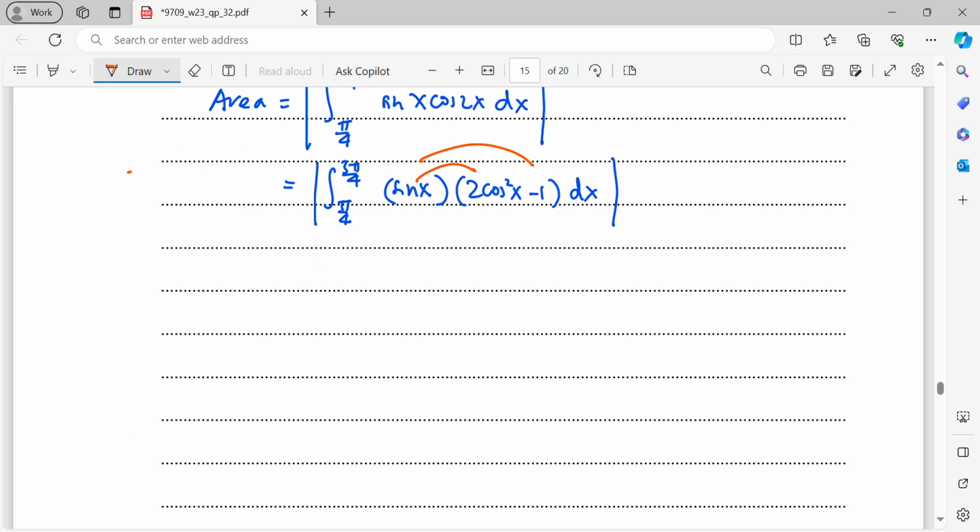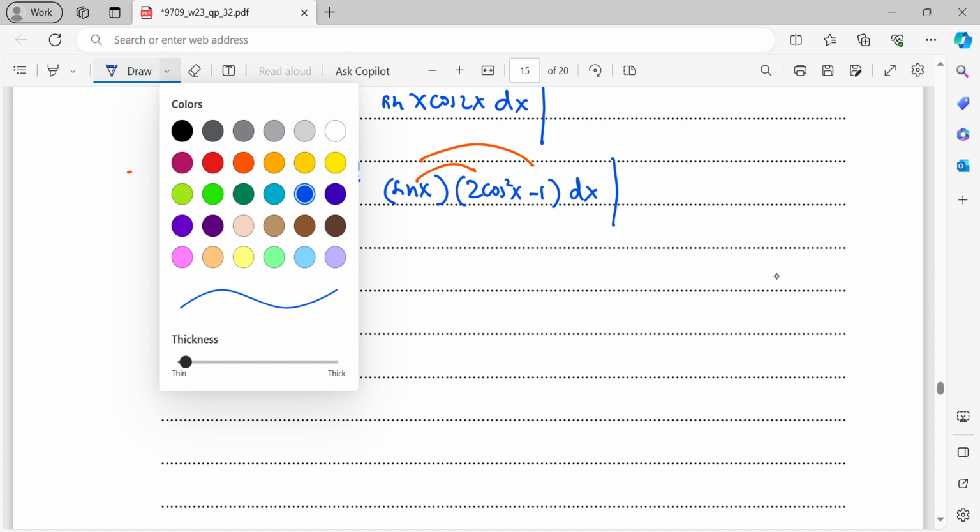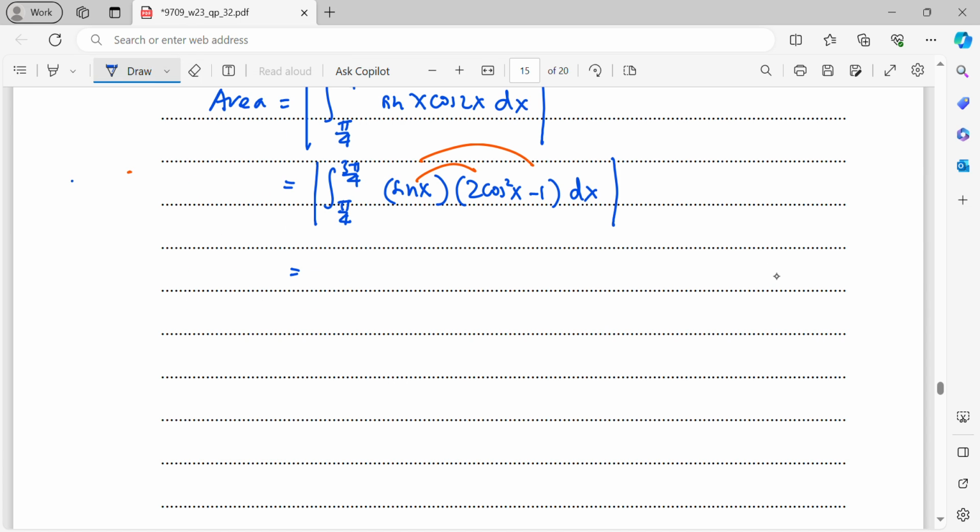So I split it into 2 integrations. You will get 2 sine x cos square x dx, minus integrate from pi over 4 to 3 pi over 4, then sine x dx.